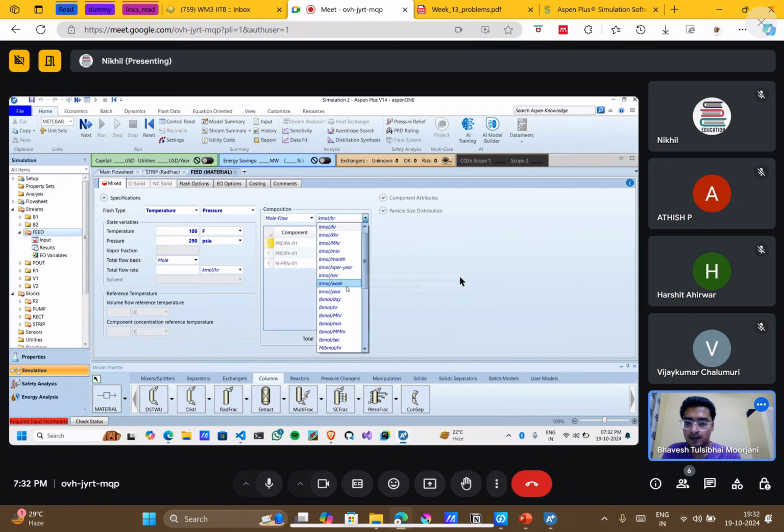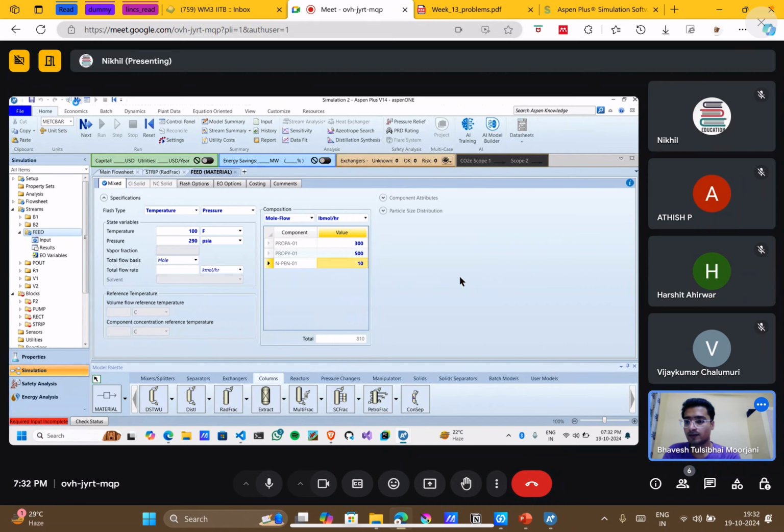So we have propylene at 500, the second one. Propane is 300, the first one. And then pentane is 10. Go next.